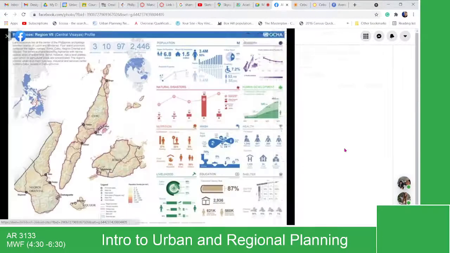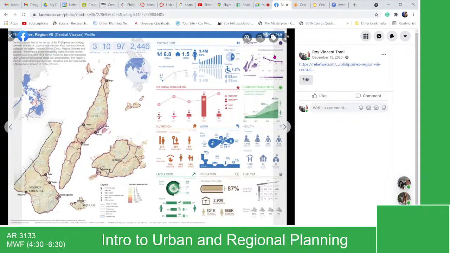This was done by the OCHA. I forgot what it stands for, but they did a regional study of Region 7, that's the Visayas, looking at population size and the amount of natural disasters this region has experienced.